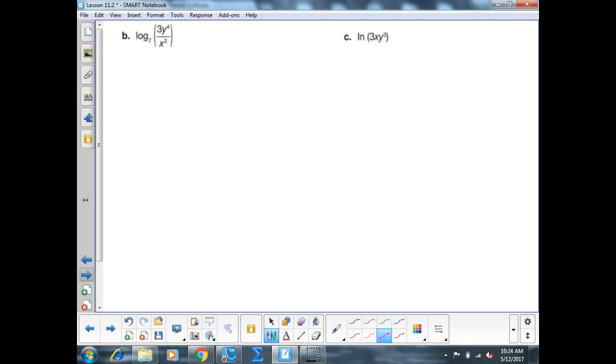So what does that become then? Minus what? Log base 7 of x cubed.